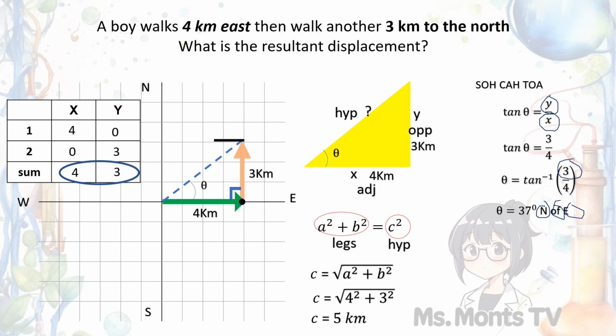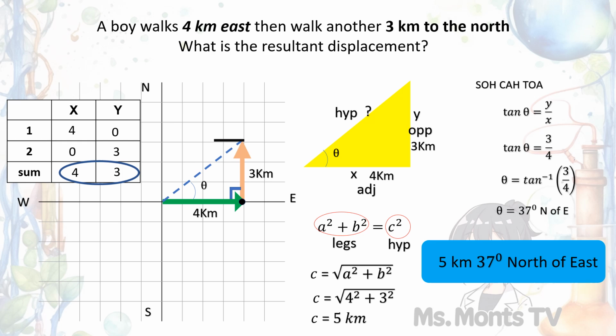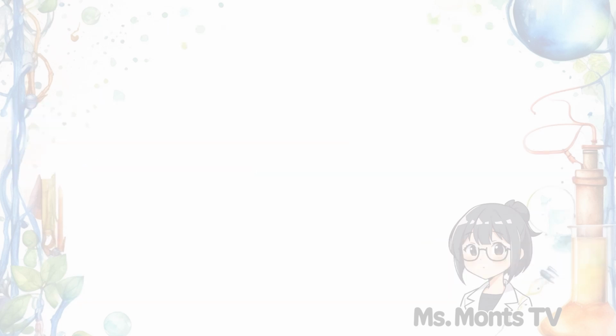How do we know it's north and it is east? Because 4 and 3 are both positive. So the whole resultant is 5 kilometers, 37 degrees north of east.